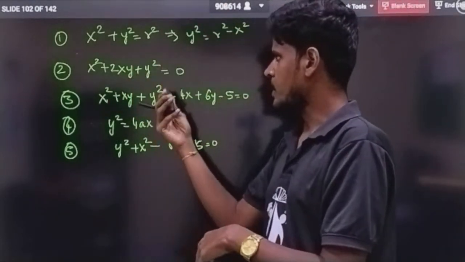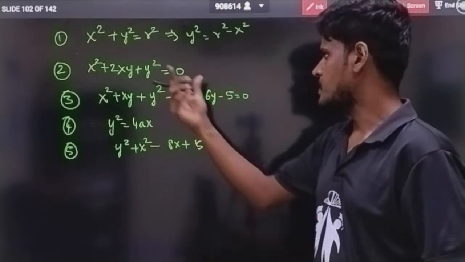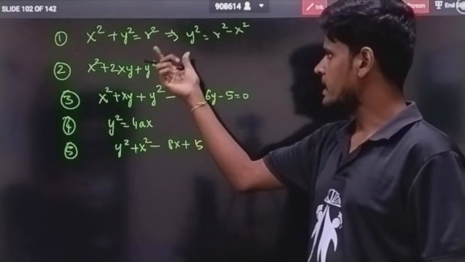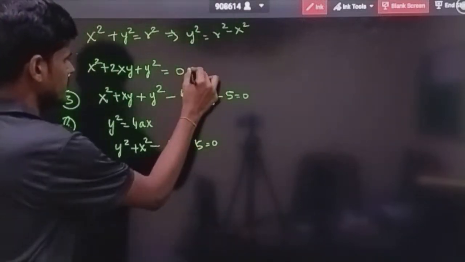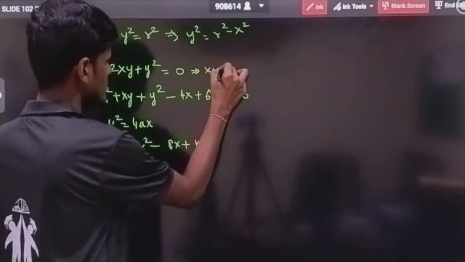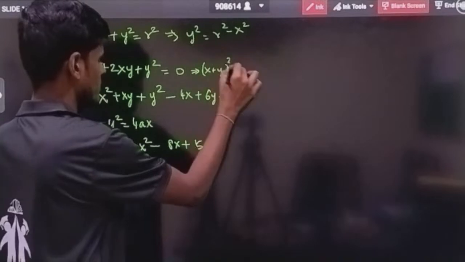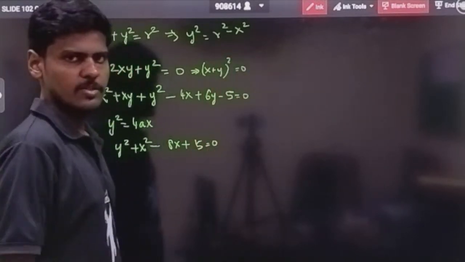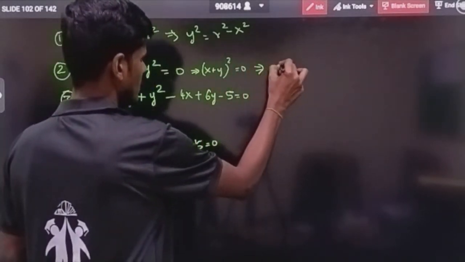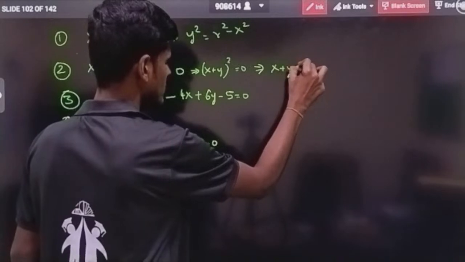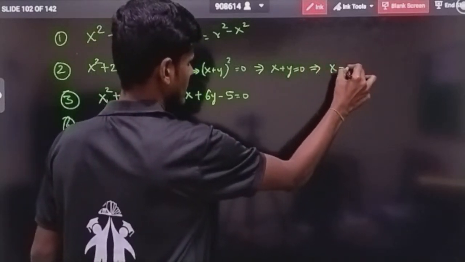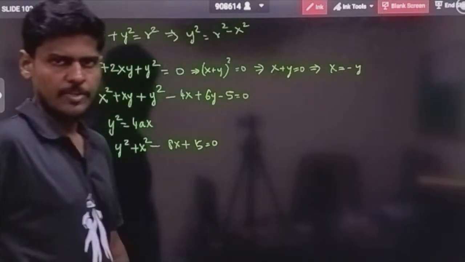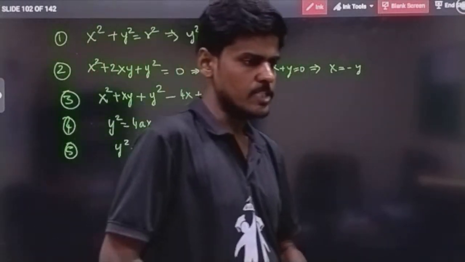X square plus 2xy plus y square equal to 0. Can we split this? This is nothing but x plus y whole square equal to 0, which means x plus y will be 0, which means y is equal to minus x or x equal to minus y, which means this is again an explicit function.